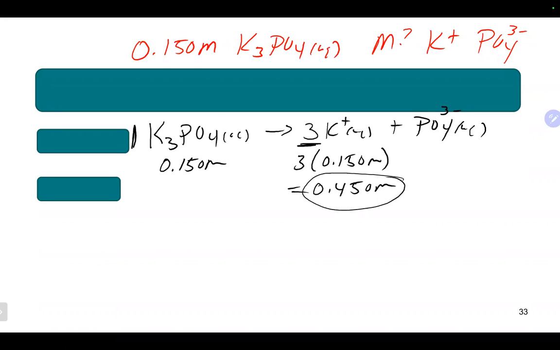And since it is a 1-to-1 relationship between the whole thing and phosphate, it would be 1 times 0.15 molar, which gives us 0.15 molar as the concentration of the phosphate.